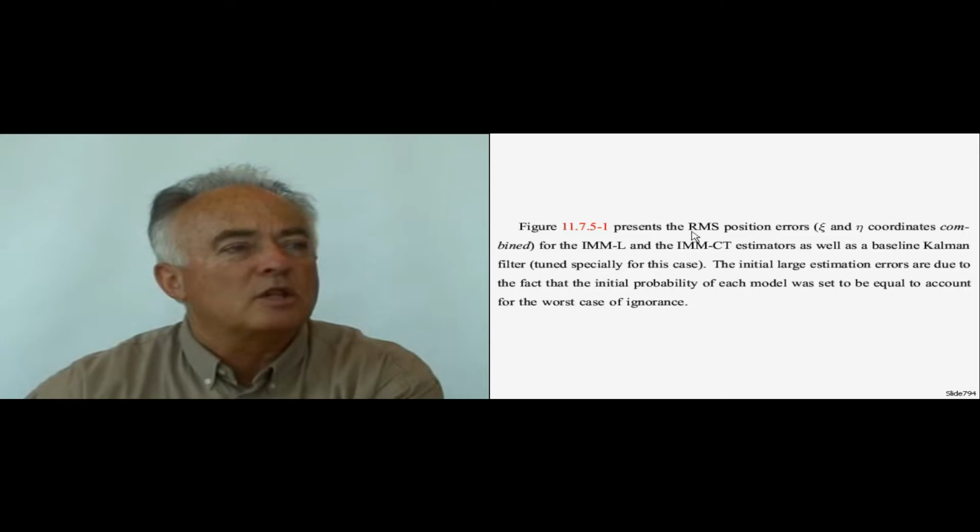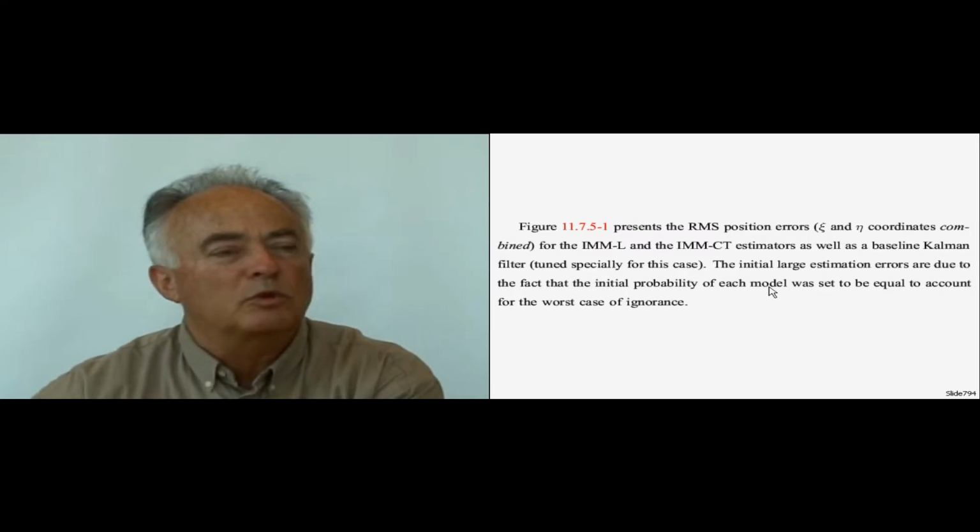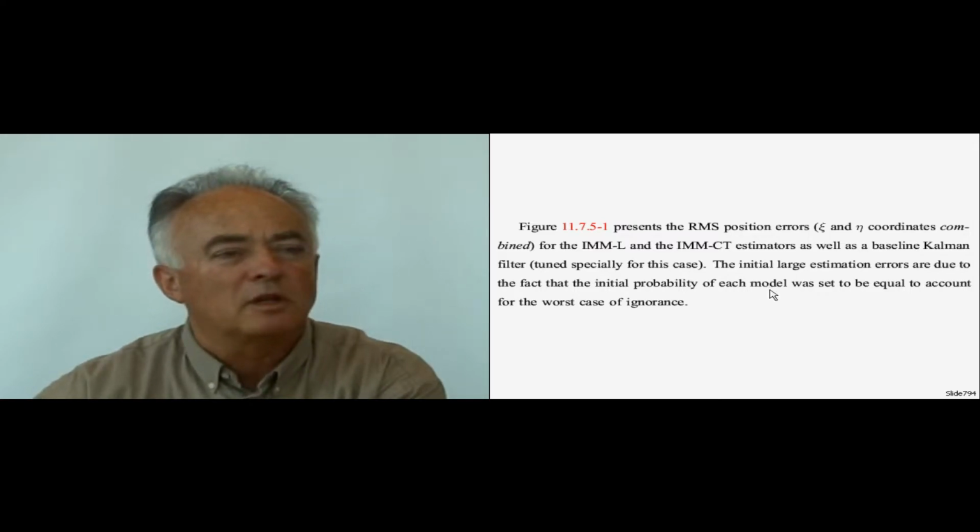Next, we'll see the root mean square position errors, again combined, so the total horizontal position error for the IMM-R and IMM-CT compared to the baseline Kalman filter. And there is an initial large estimation error because the two models were assumed to have equal probability.